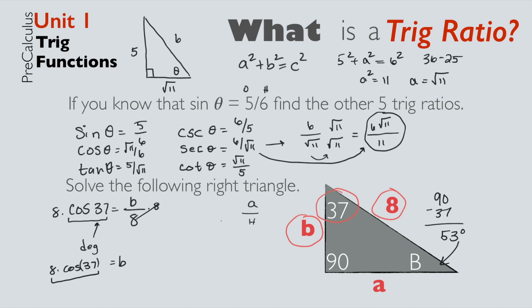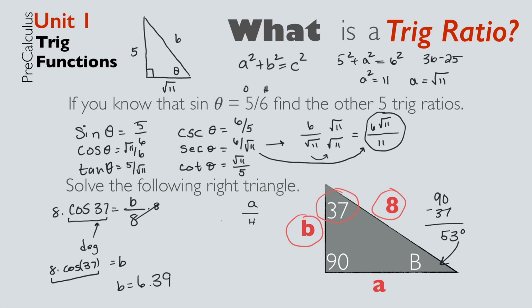When you multiply 8 times the cosine of 37, you're going to get the side b is equal to 6.39. I guess this is inches, who knows. One thing to note, anytime I'm finding the side lengths, I want to make sure that it's less than my hypotenuse.